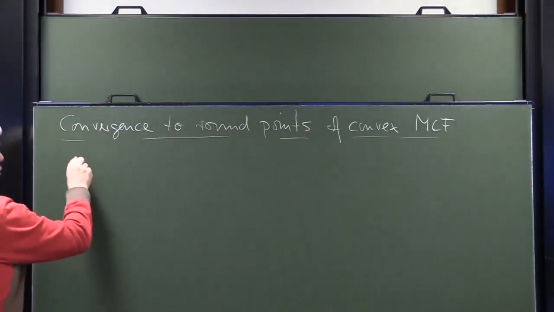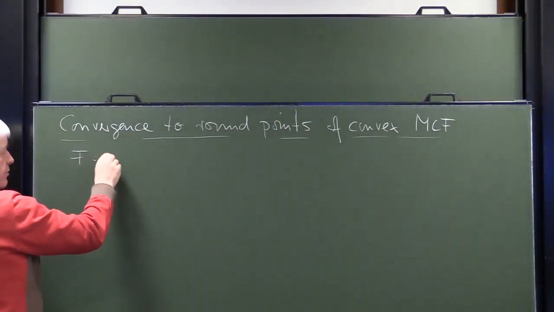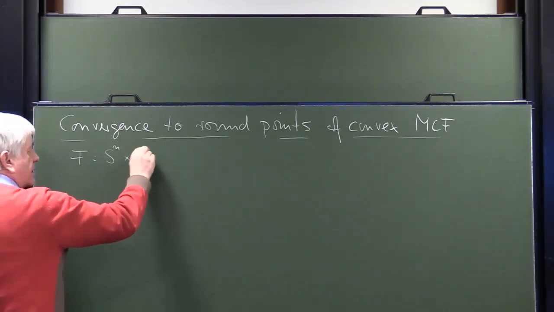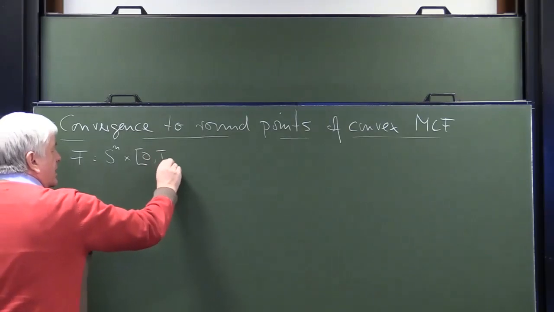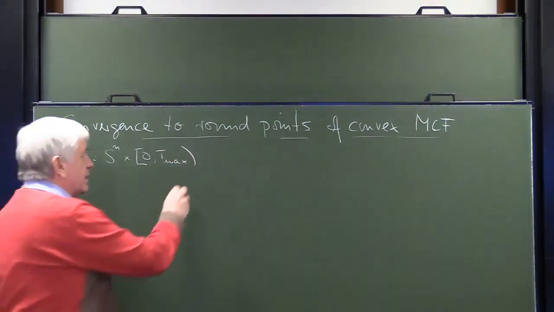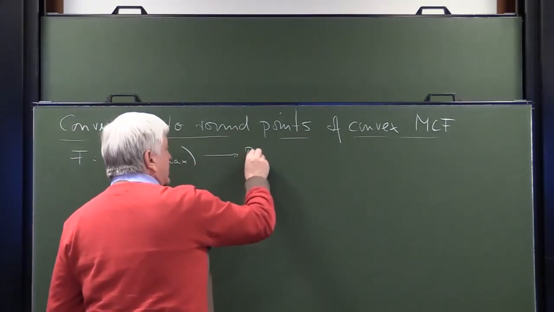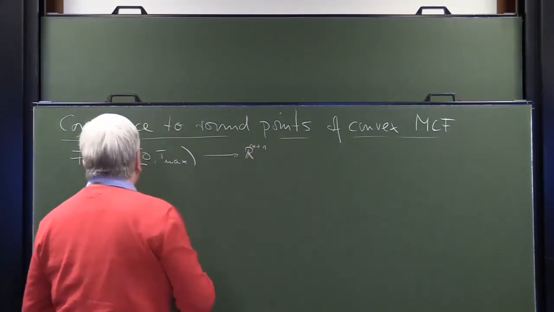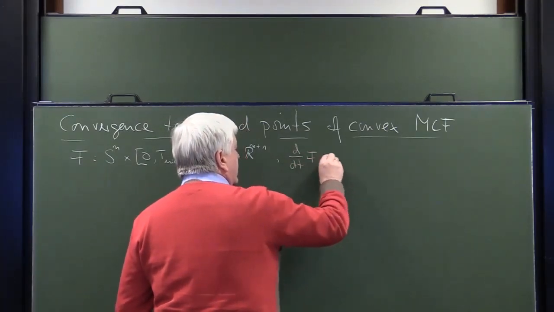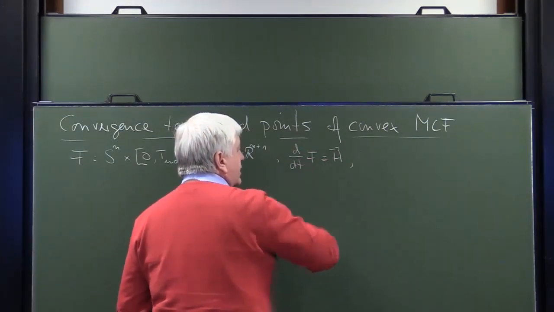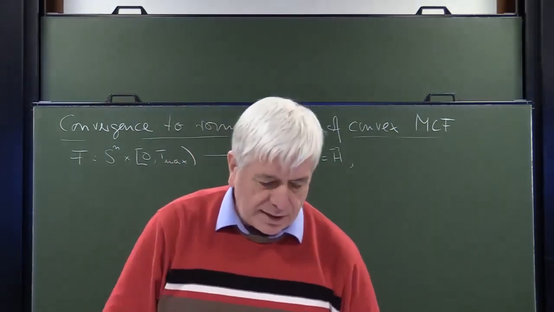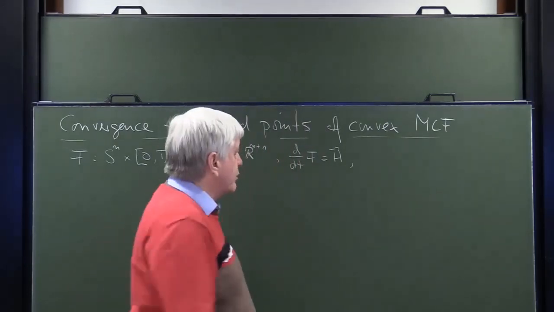And so the situation was we had a mapping from, in this case, S^n cross some maximal time interval, which you had already seen has to be finite, into R^(n+1) with the standard metric, solving d/dt f equals the mean curvature vector. And we had assumed that the initial surface is convex, meaning that it immediately becomes uniformly convex.